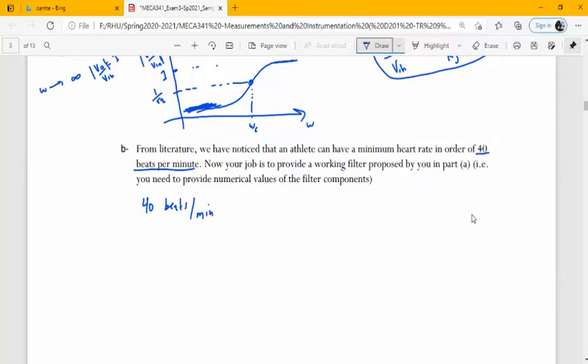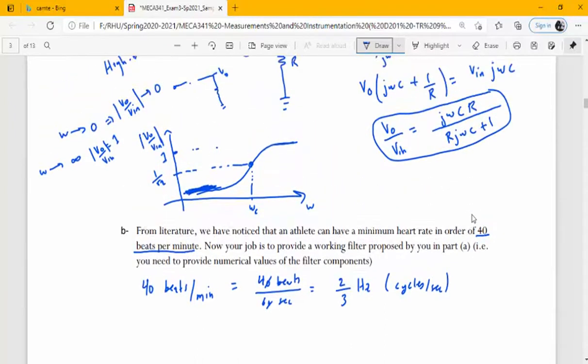This is equal to 40 beats over 60 seconds, which is equal to 2/3 hertz, or cycles or beats per second. This is the frequency. So we need to determine the actual value of the cutoff frequency.